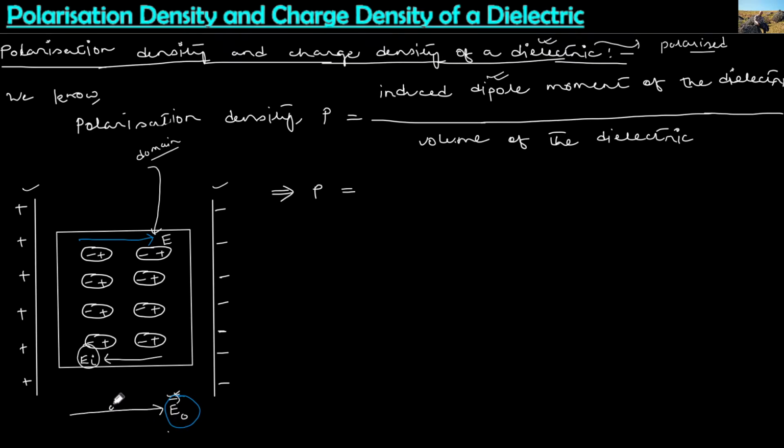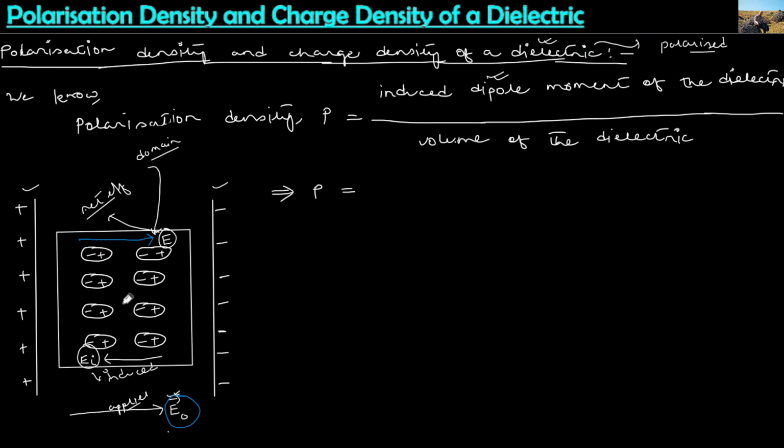This is our applied electric field, this EI is our induced electric field, and this E is what is known as our net electric field.